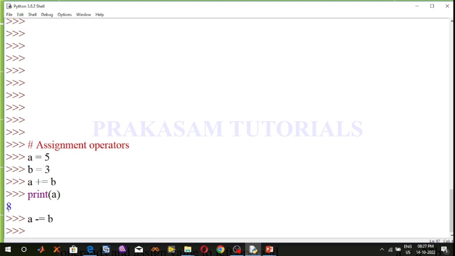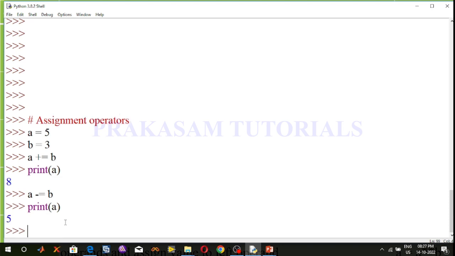Now what is the value of a? Initially a is 5, but after a plus equal to b, the variable a stores the value 8. So now the value of a is 8. A is equal to a minus b, 8 minus 3, 5. Using the print function, print of a, 8 minus 3 is equal to 5.